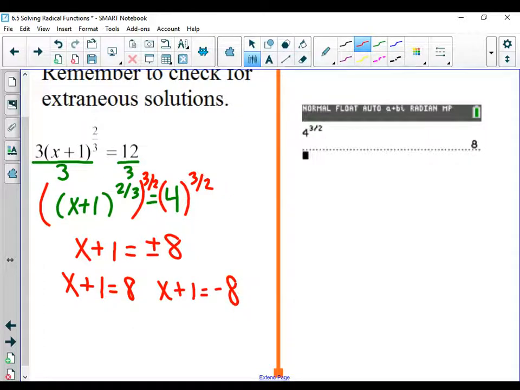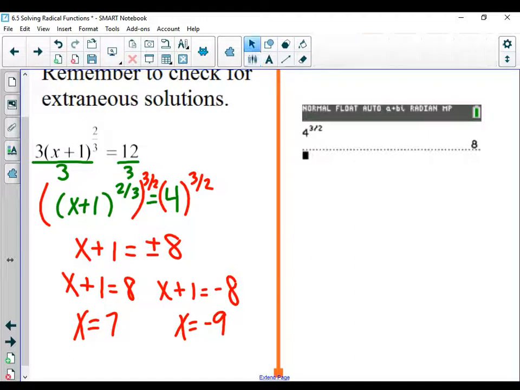Some of us are good enough to put the -1 in front of the plus or minus 8, and then you can do -1 plus 8 and -1 minus 8. Do not say that that's plus or minus 7, please. Remember, you can't just subtract that from just 8. So we do end up with a 7, but then we also end up with a -9.